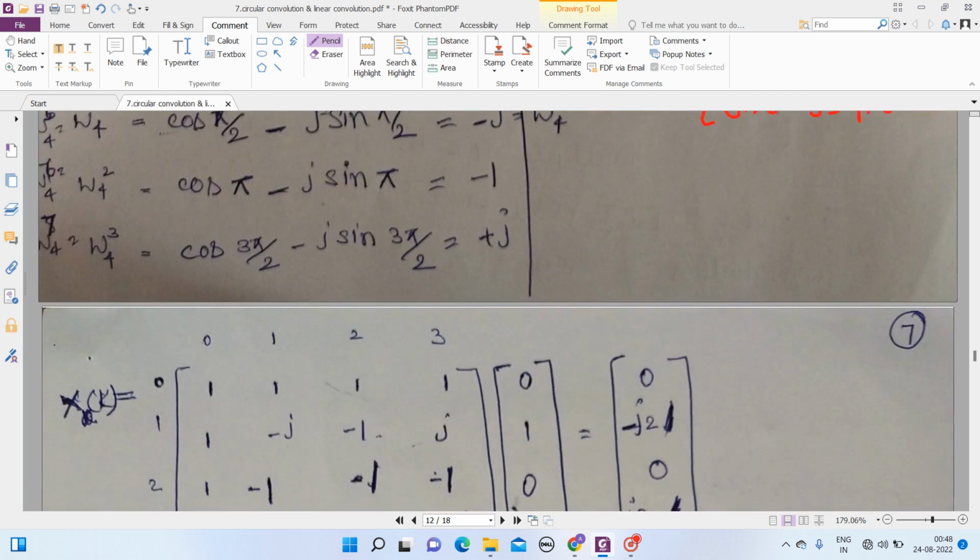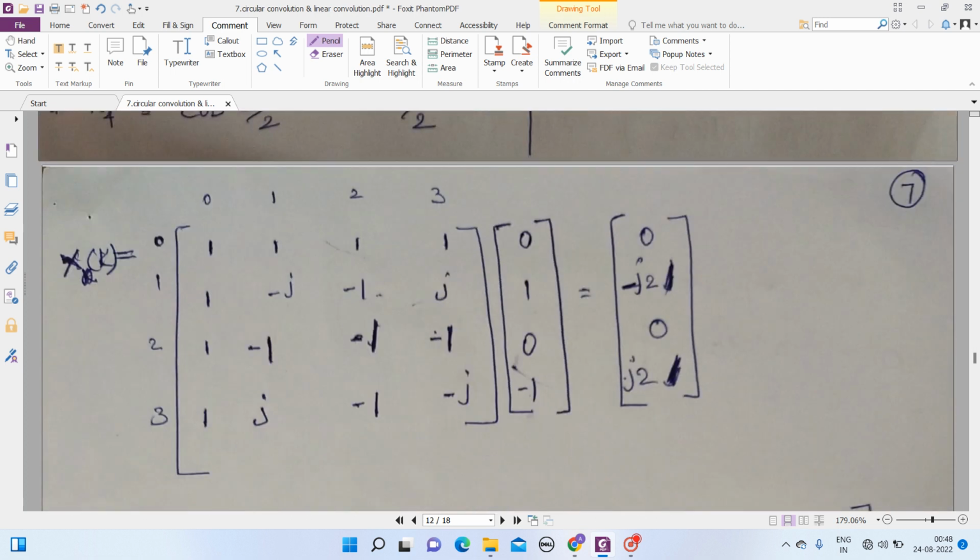After multiplying these two matrices, you will get the result 0 minus j2, 0, j2. You just have to multiply this row with this column. Let me solve this row and this column.